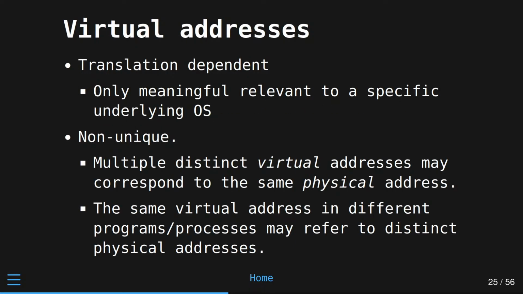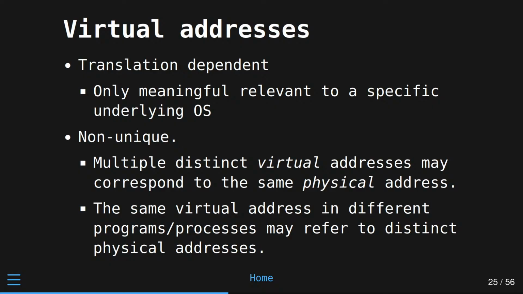Virtual addresses are different. Virtual addresses are OS managed. They are translation dependent. If I run the same piece of code on 2 different operating systems, it may work quite well on both. It may make memory accesses on both operating systems, as every executable makes memory accesses. Those memory accesses are not going to be the same numerical patterns on different operating systems.